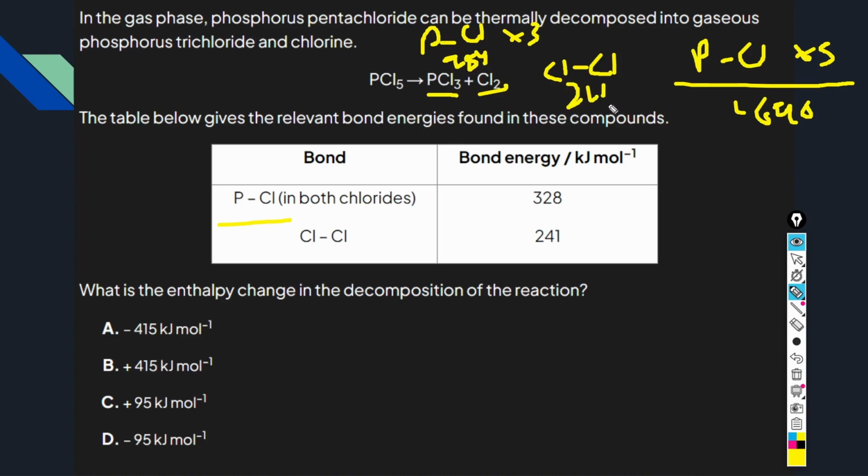If we add these up, we get the total energy released in making these bonds, which is 1225. We're taking in more energy than we're releasing, so it would just be 1640 minus 1225. We'll be taking in a net of 415 kilojoules. So it'll be option B.